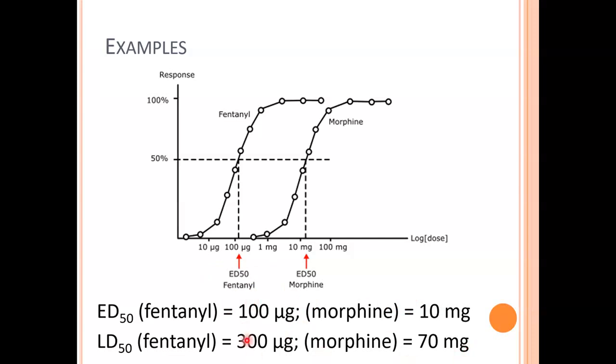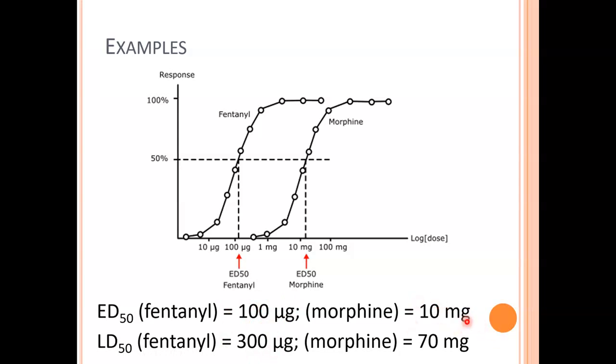But then we have a look at the LD50, and again, 70 milligrams is where you kill half your population, whereas only 300 micrograms will kill half your population for fentanyl. And this is graphed up here, so have a look at that. Based on this, you get 50% effectiveness with 100 micrograms of fentanyl, but if you go to 300 micrograms, you're killing half your people.